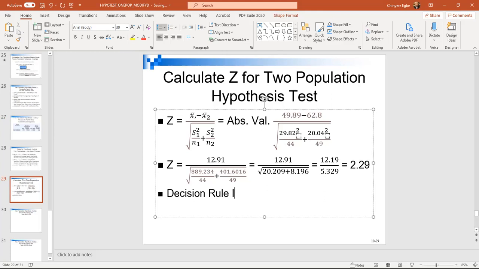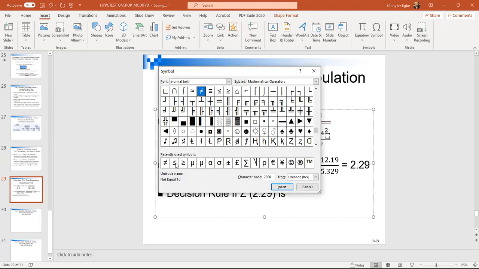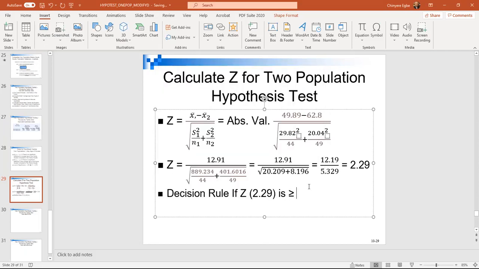If Z, 2.29, is greater than or equal to Z star, 2.576, we reject the null hypothesis.